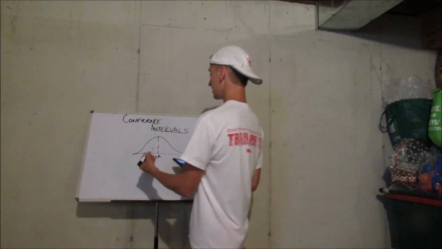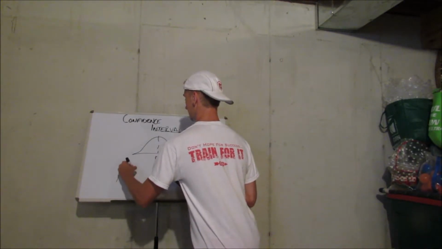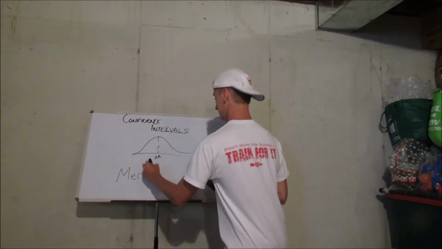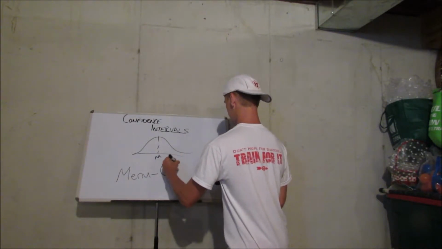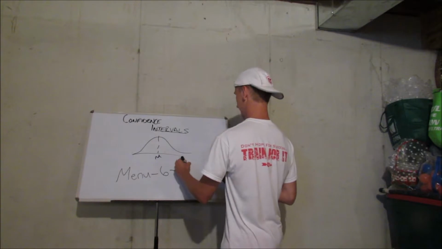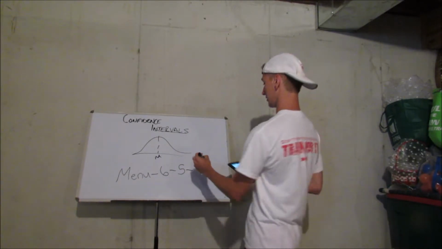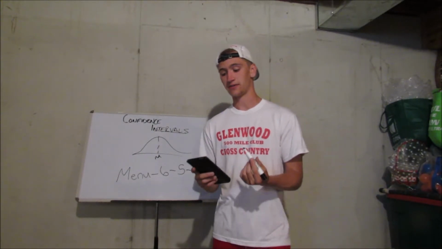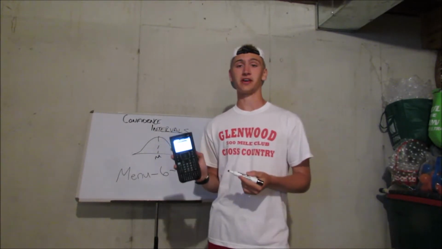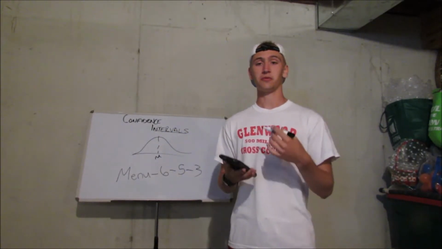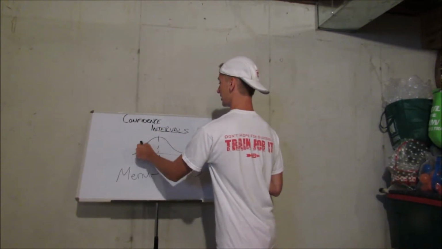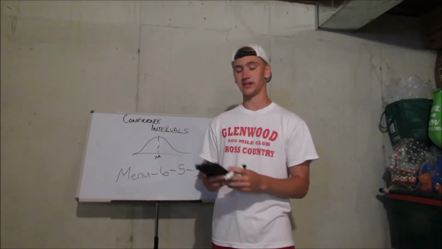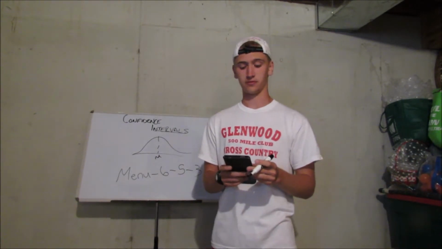In order to get your z-star, we're going to start off with menu again, and then go to 6 again for statistics, 5 again for distributions, and this time instead of 6, we're going to hit 3, which stands for inverse normal. Once you hit inverse normal, it'll ask you for your area again, which is just like we explained before, with how much percent confidence you want on both sides. So we'll put in 0.005 again for our 99% confidence interval.